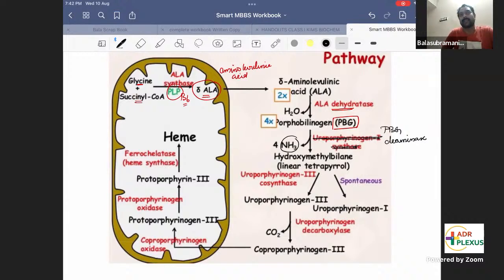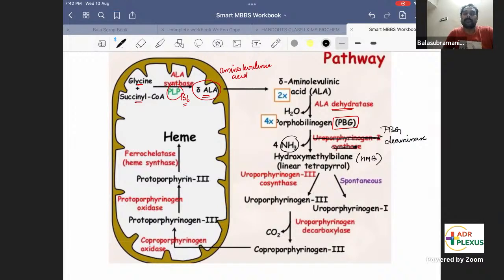When you remove 4 molecules of ammonia from porphobilinogen, it is converted into a compound called hydroxymethylbilane, HMB. It's not the HMG which comes in lipid metabolism, that's hydroxymethylglutarate. This is hydroxymethylbilane.